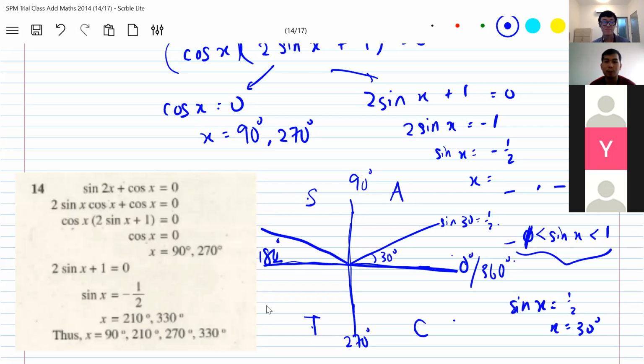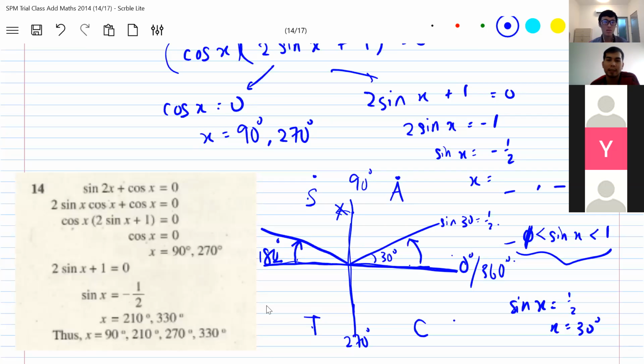So if you assign a number and the answer is 30, you have to know that it's in these two quadrants, quadrant 1 and quadrant 2. If it's quadrant 1, you plus 30 from 0. 0 plus 30 is 30 degrees, obviously. And then from this quadrant, you have to minus it from 180. It has to go in this direction. You don't plus 30 from here, that's wrong. You have to minus 30 from here.